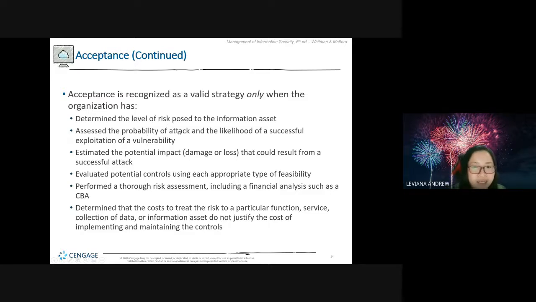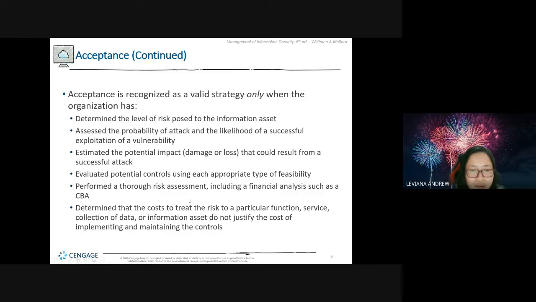Number one, determine the level of risk. If it is too small, therefore can choose acceptance risk treatment strategy. And then assess the probability of attack and the likelihood of a successful exploitation of vulnerability. Estimate the potential impact that could result from successful attack. Evaluate potential controls using each appropriate type of feasibility.